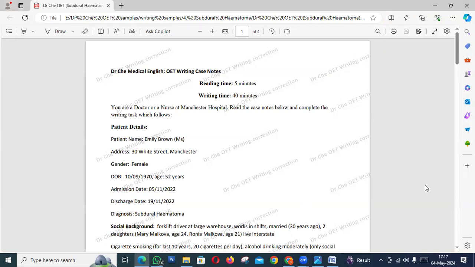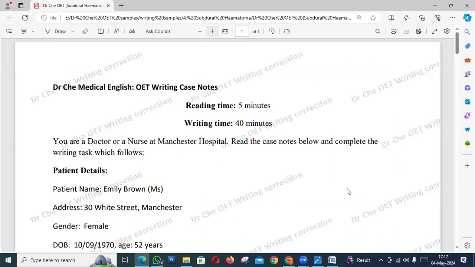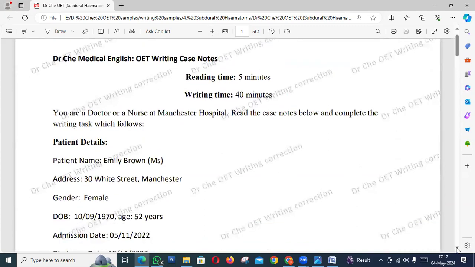These case notes can work for both of you, doctors and nurses. I have written them in such a way that both of you can use them for the writing, because we cannot take separate classes for both of you. Overall, our purpose is to learn.